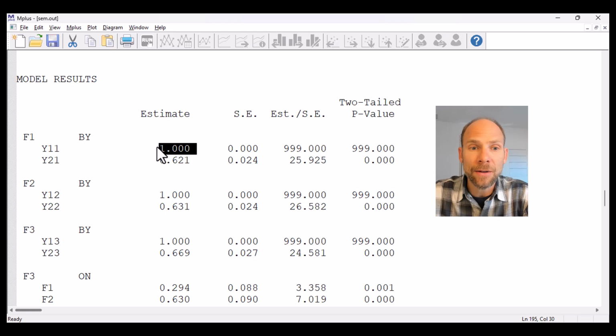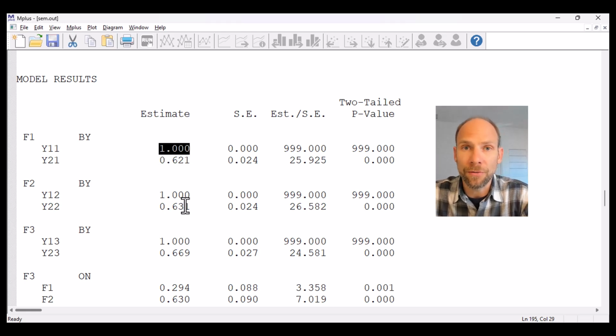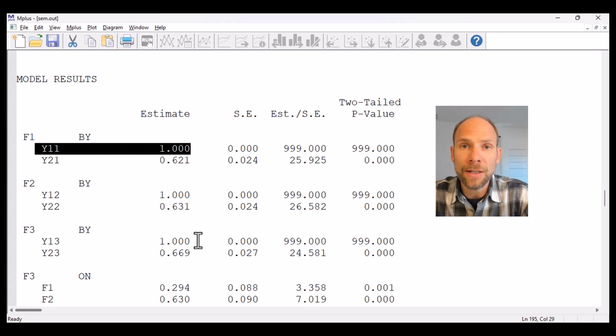And so as a result, this is a linear slope coefficient. This means that by fixing the loading of the first indicator to 1, we say that a 1 unit change in the factor is associated on average with an expected 1 unit change in the indicator.